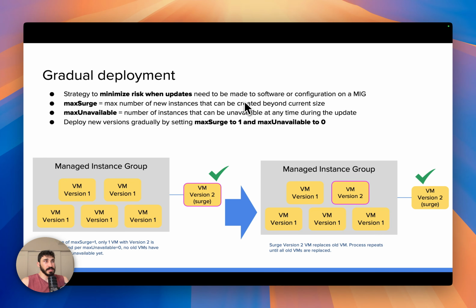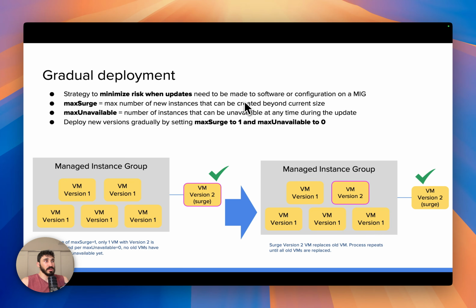This is the surge instance, and this is added to the group without taking any of the version 1 instances offline yet, right? So once this new version 2 instance is healthy and running properly, this is the surge instance because we allowed max surge to be 1, right?